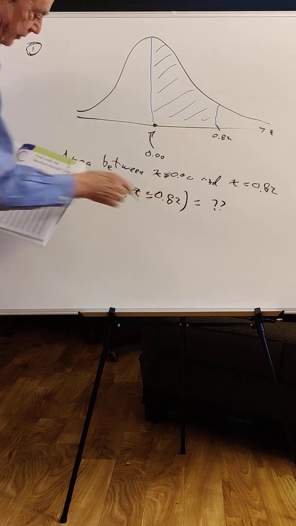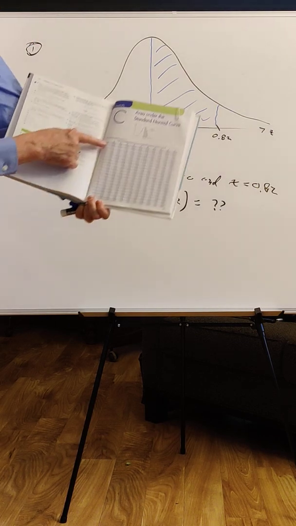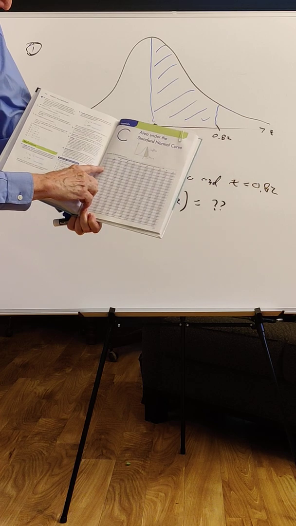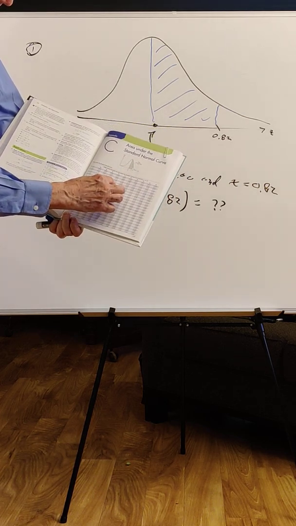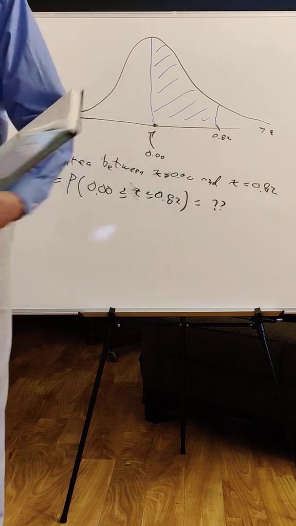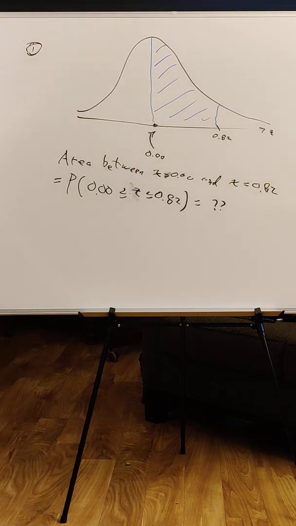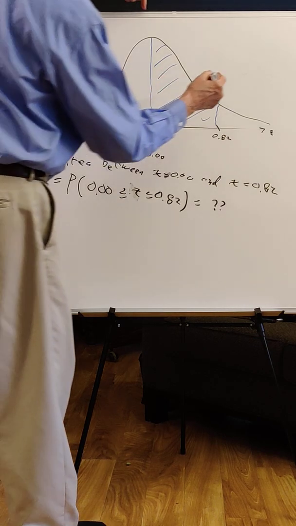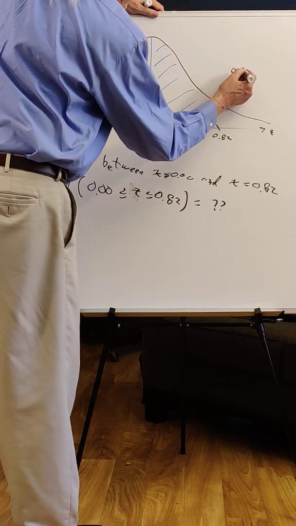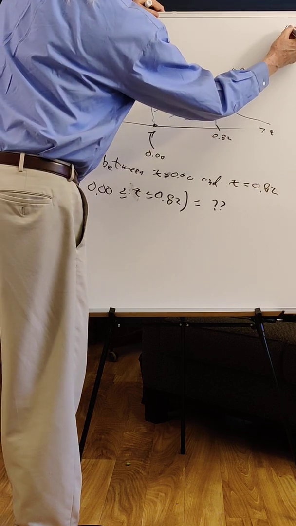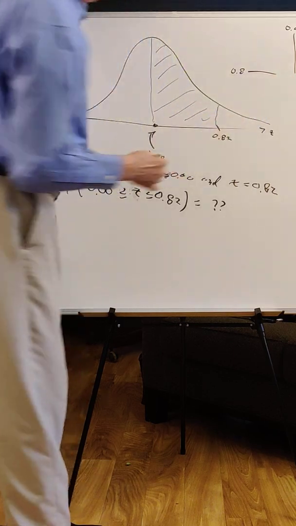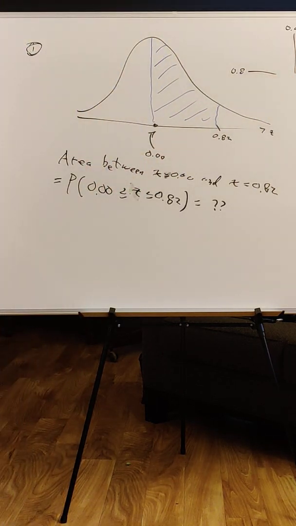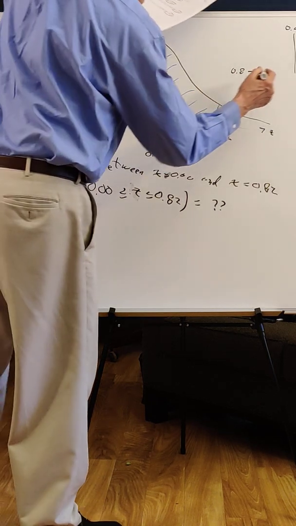We find the digit 0.8 in the left column and the 0.02 in the top row. We have 0.8 in the left column and 0.02 in the top row, and we just follow our eye and we see what that number is. And that number turns out to be 0.2939. That's our answer.